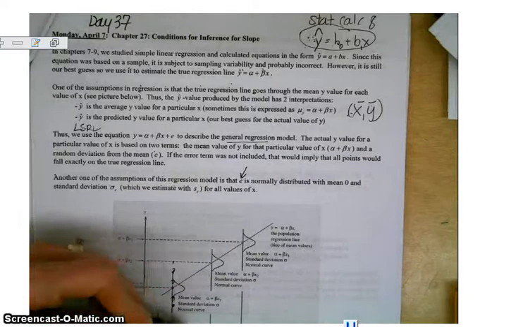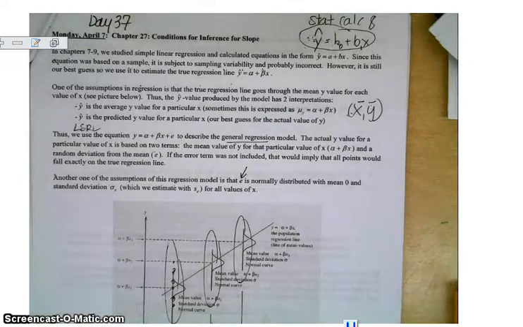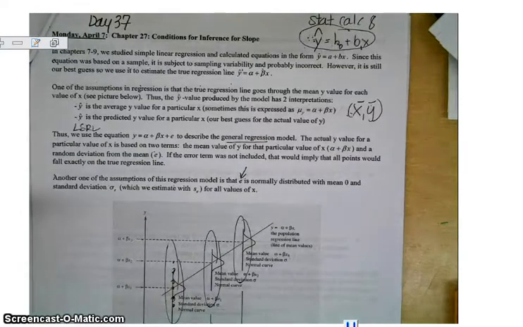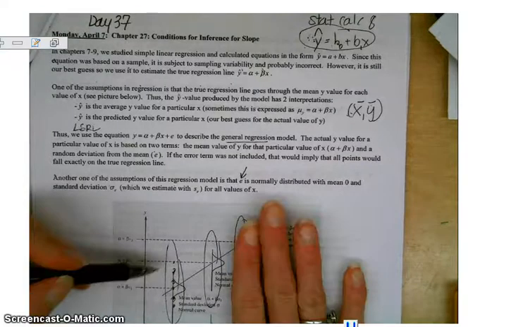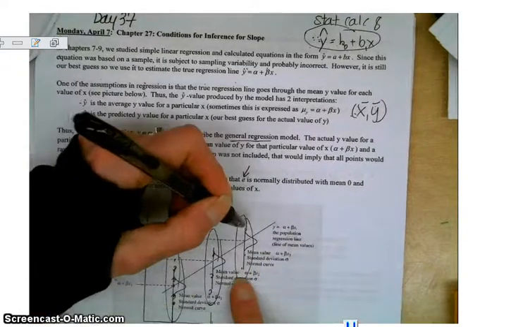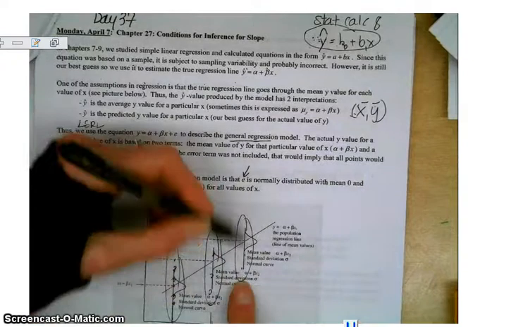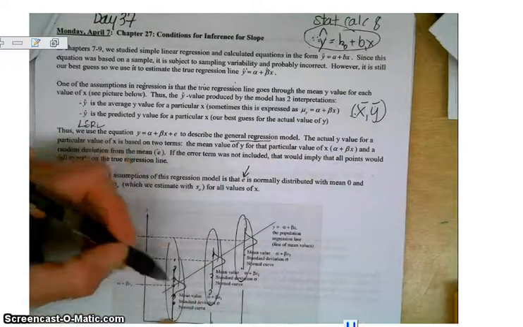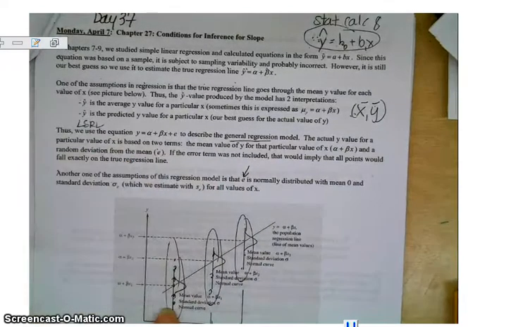So for every individual x value that you're dealing with in your linear regression, there's an entire distribution of y values available for it, because it's a scatter plot. So we have to assume that all of these possible dots, all these possibilities for y values for each x value, are normally distributed.